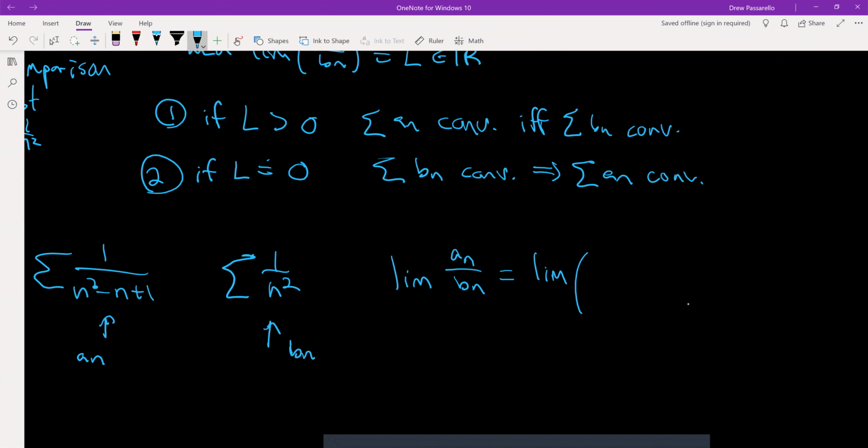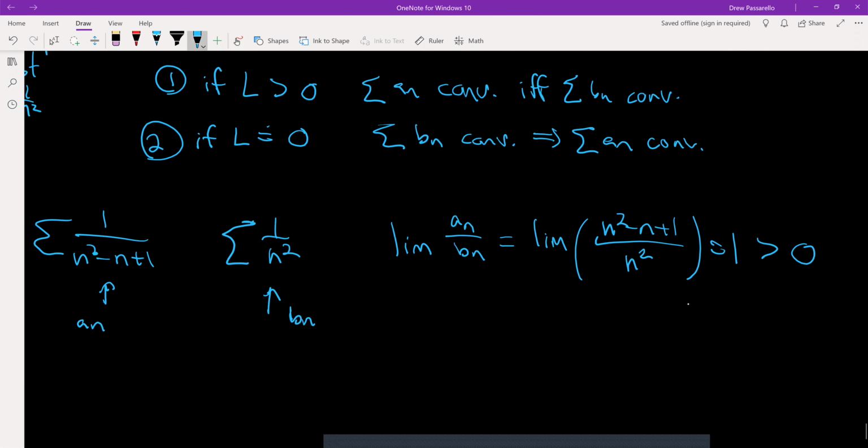that's the limit of n squared minus n plus 1 over n squared, which is going to give us 1. So that's greater than 0. And we know our 1 over n squared converges by p series, with p equal to 2.